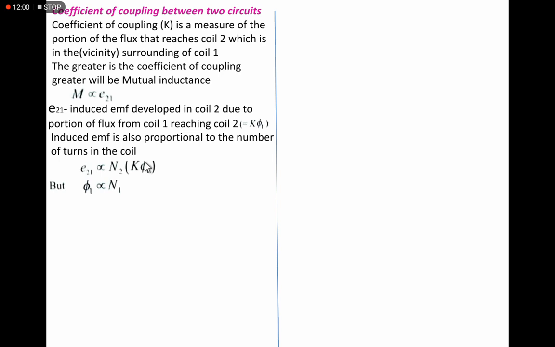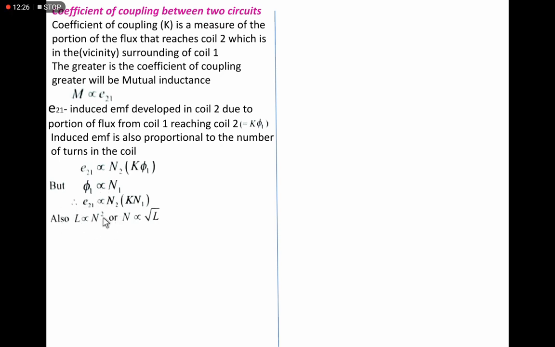We will write N1 over here. So our equation becomes E21 is directly proportional to N2 K N1.